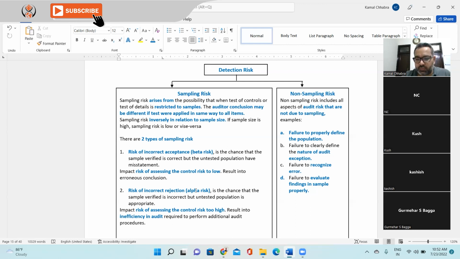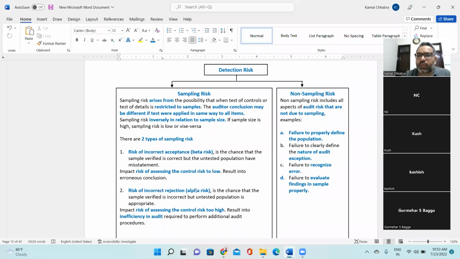So is this an equivalent of detection risk? No. When your control risk is low, then detection risk will go up. Where we say risk of incorrect acceptance, now we're saying that the sample we picked up is absolutely okay, but the balance population has an error.